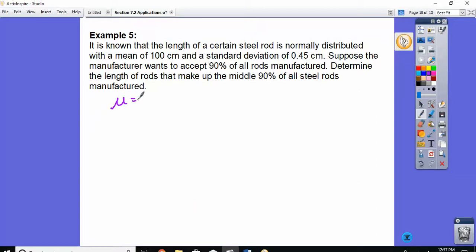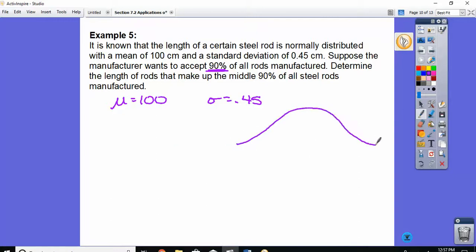So I know my mu and my sigma. Suppose the manufacturer wants to accept 90% of all rods manufactured. Determine the length of rods that make up the middle 90% of all steel rods manufactured.